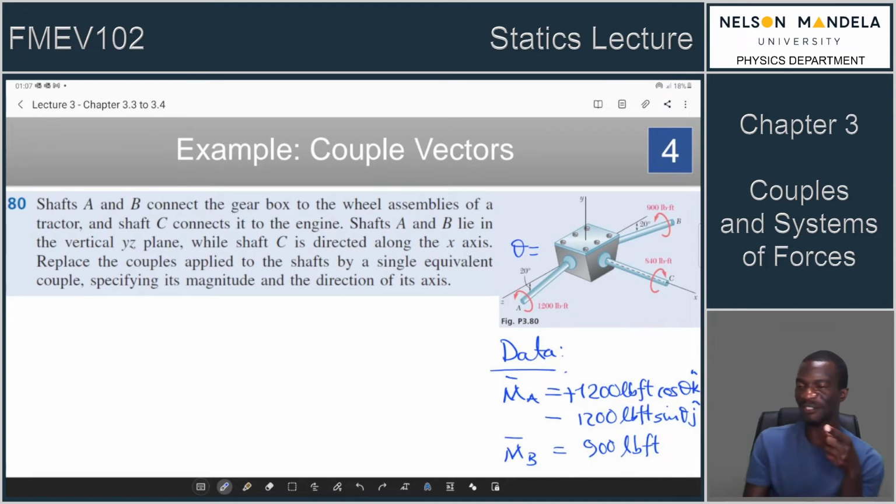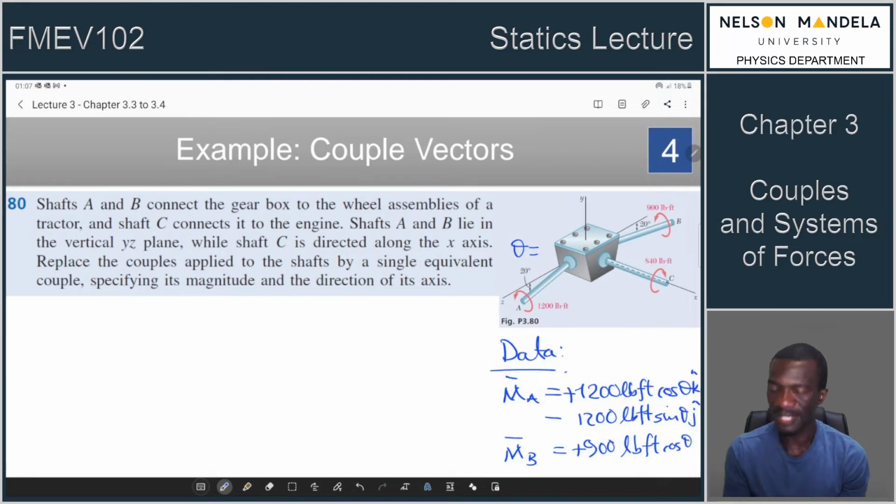When we look at it from the correct viewpoint of the z-axis, it will end up having an anti-clockwise orientation. So it will be a plus 900 cos theta. The same applies. You can do the same for the vertical axis. You'll have either a plus or a minus for the 900 foot-pounds sine theta.